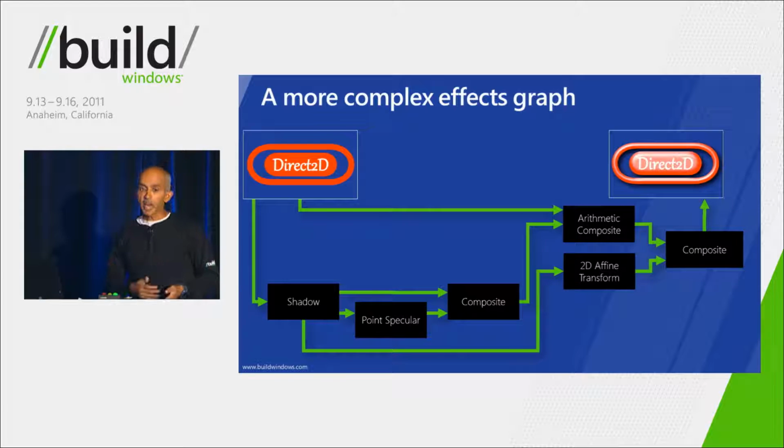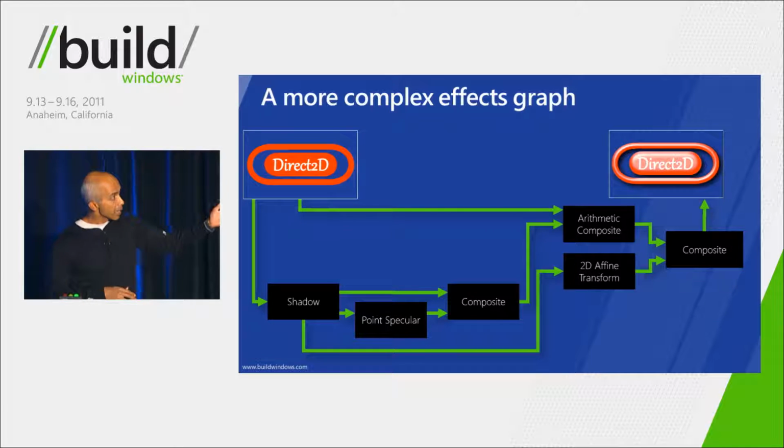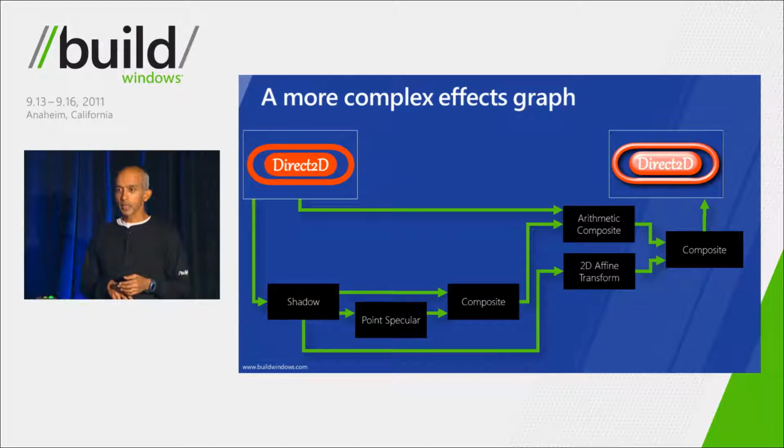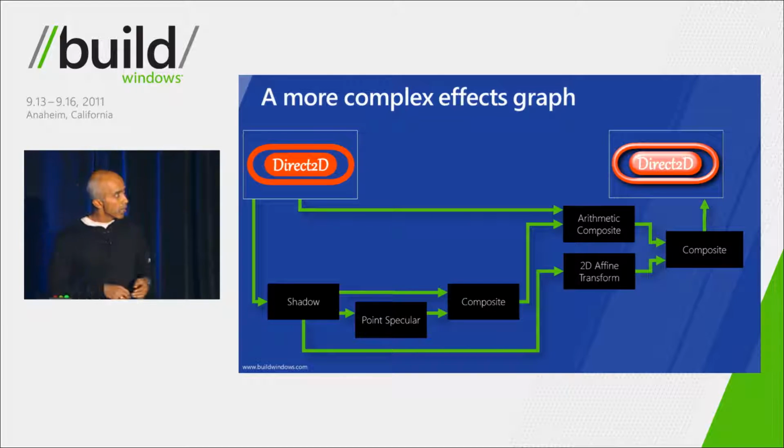These effect graphs can get arbitrarily complex. This particular example adds additional lighting effects and more compositing to make a relatively flat-looking bitmap on the left pop out on screen. And when these get really complex, one of the features here is that every bitmap effect supports the notion of caching.